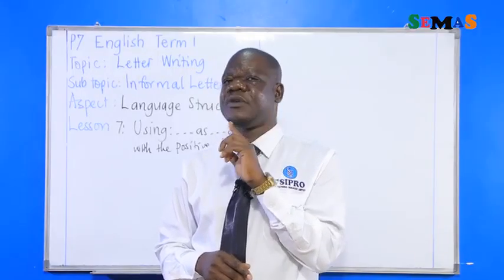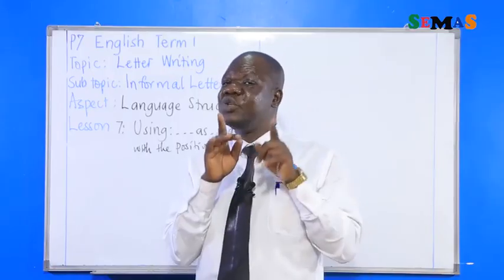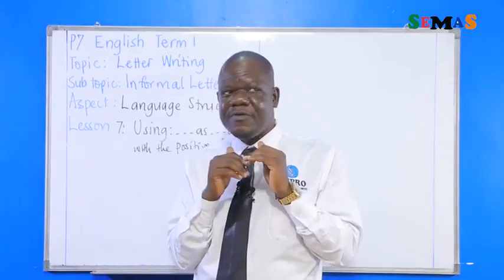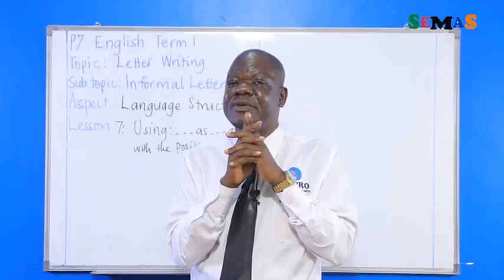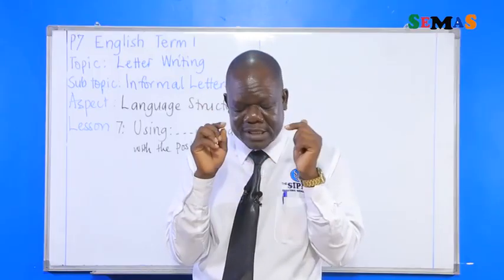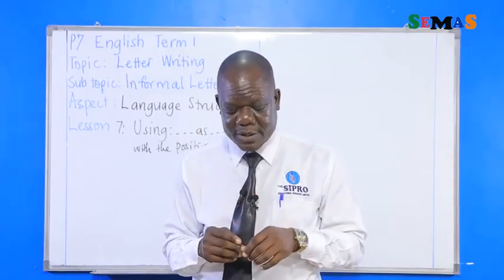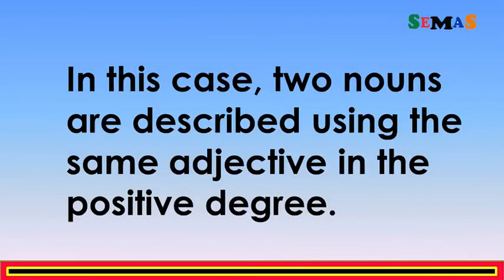But in this case, we shall look at the positive degree to talk about two things. This structure forces us to talk about two nouns using one adjective in the positive degree. Okay? So we are going to describe the two nouns using the same adjective in the positive degree.